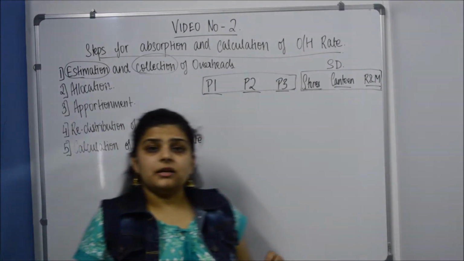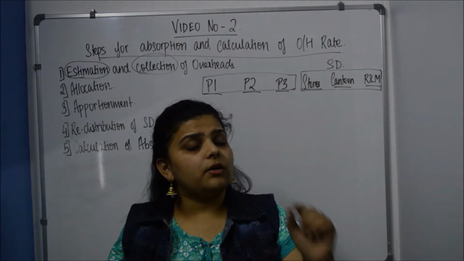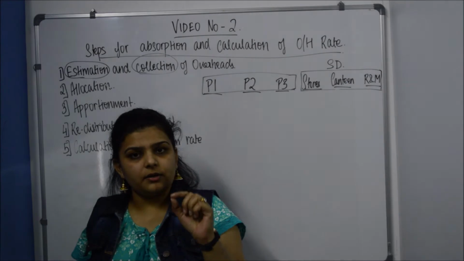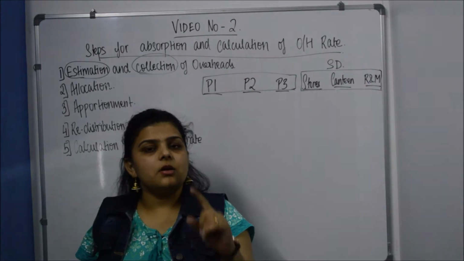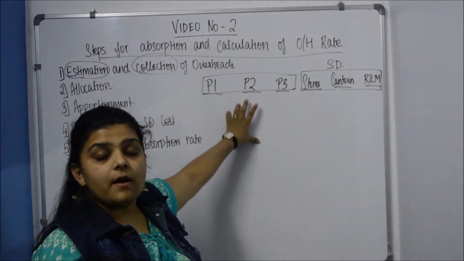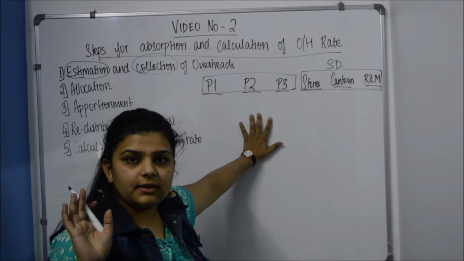Now let us say there is a particular kind of indirect labor which is required only by the P2 department. When I say indirect labor, it means overheads, correct?